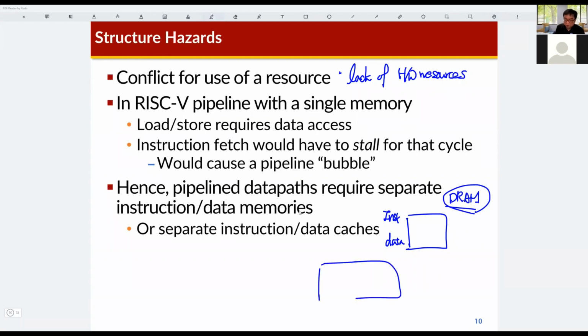But in the processor, we separate the memory into two types, instruction memory and data memory. Why? In order to avoid structure hazard.